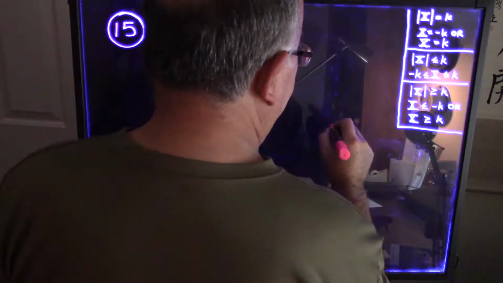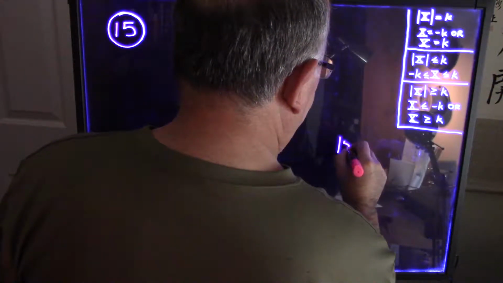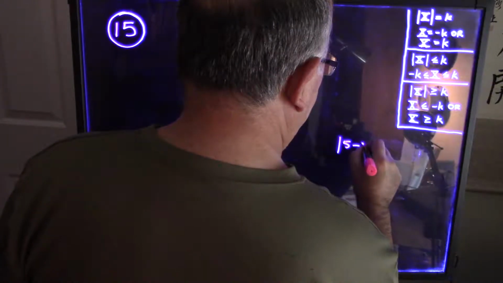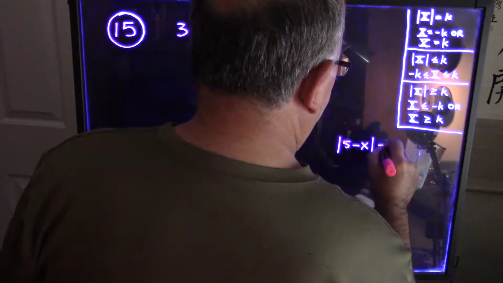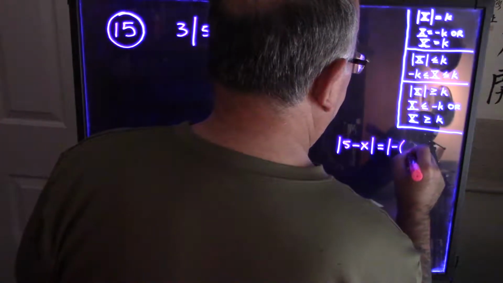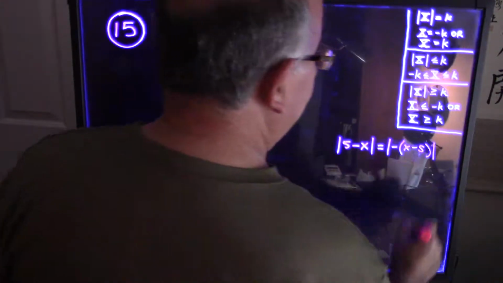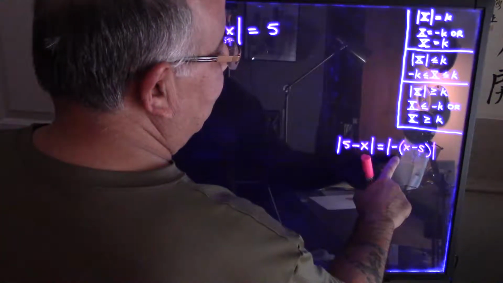The absolute value of 5 minus x, this is separate from the problem, can be written like this: the negative of x minus 5, in absolute value. Does that make sense?